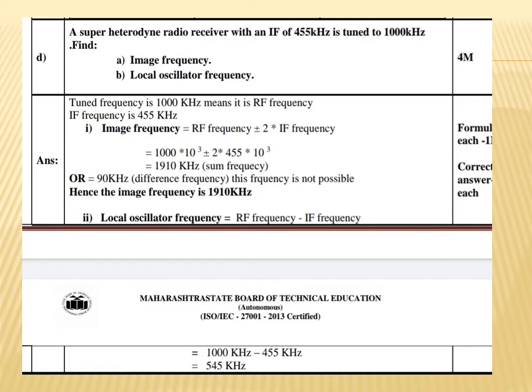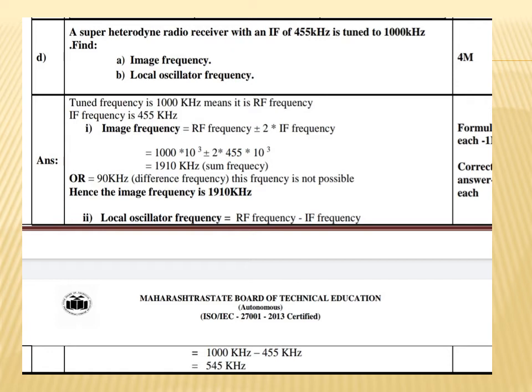The tuned frequency is 1000 kHz, which is the RF frequency, and the IF frequency is given as 455 kHz. The formula for the image frequency is: image frequency equals RF frequency plus or minus 2 times IF frequency.